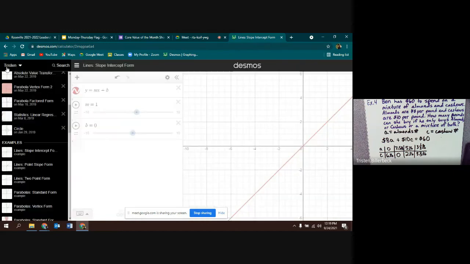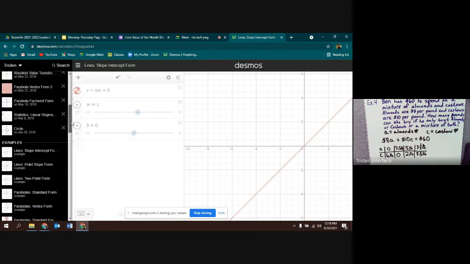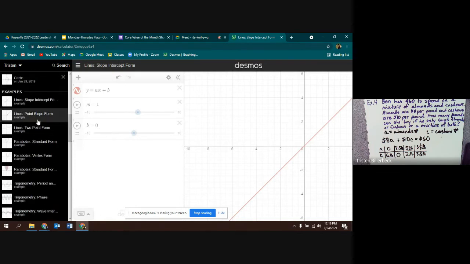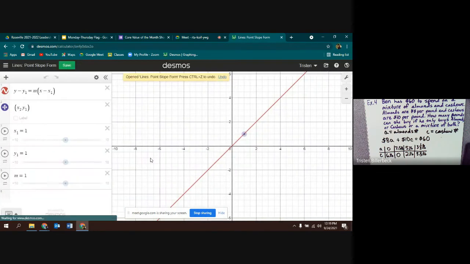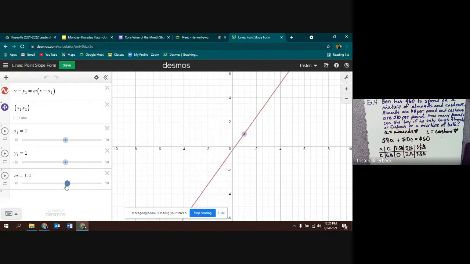Okay, we also have talked about point slope form. So let's take a look at that. In point slope form, we have y minus y1 equals m times x minus x1. These are just different points here. If you see I have x1 right there, this is slope again. All the slope does is change it, but it changes it from that point now, not the origin.